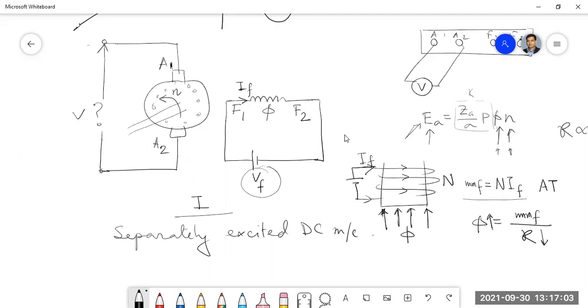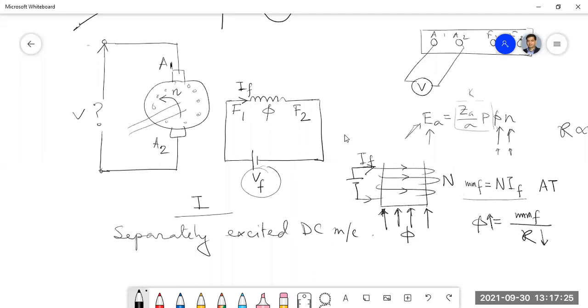I have a DC machine which should generate 110 volts. Suppose you have bought a DC machine and now you are checking the voltage. You are running the machine, but it is not showing any voltage. Why? Because its field is not excited. Then what should you do?